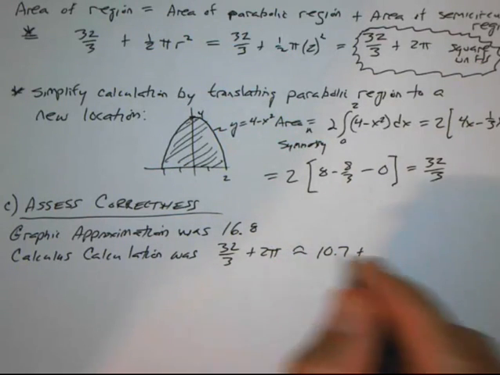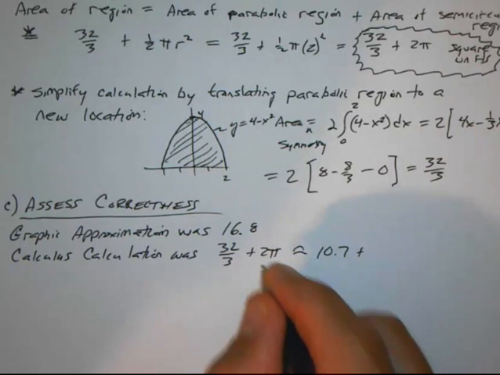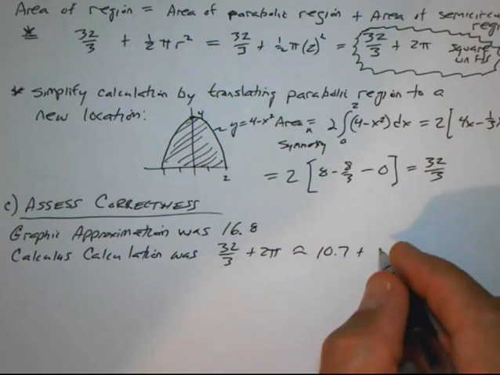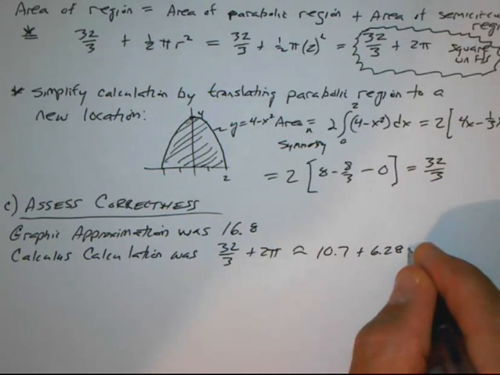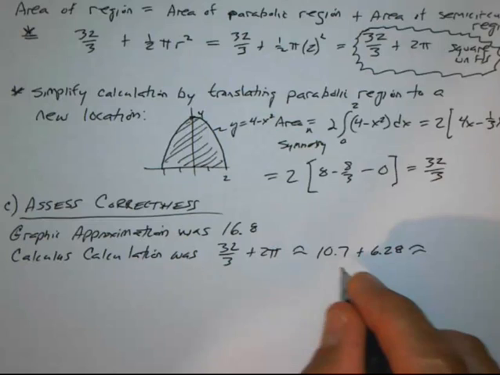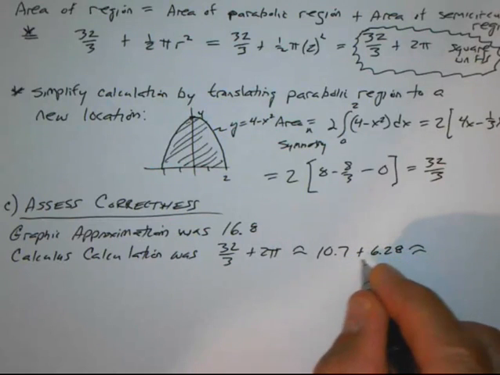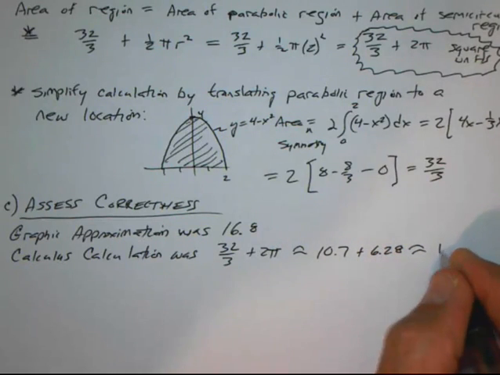Okay, 2 pi, about 3.14 times 2, is 6.28. And this will be about 17.